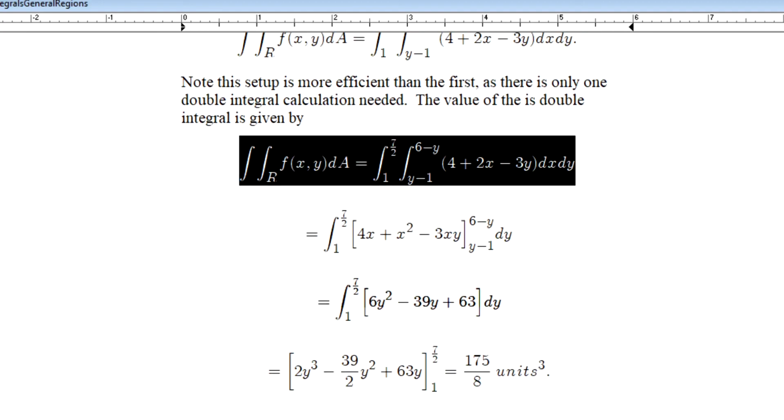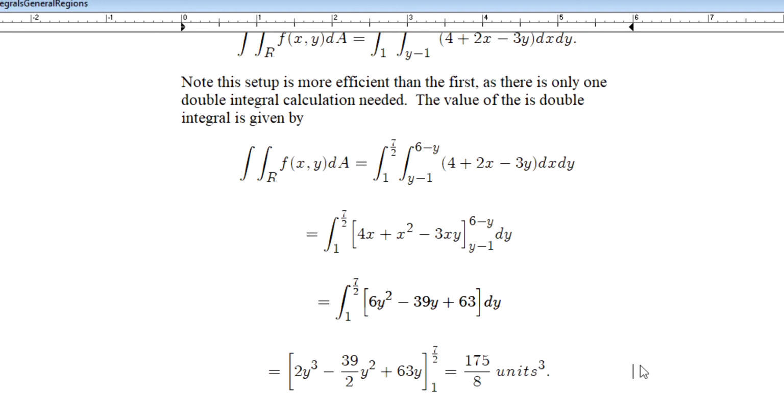Again, this is double integration over general regions, folks.